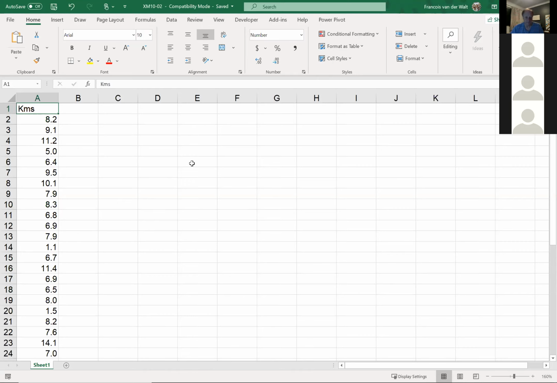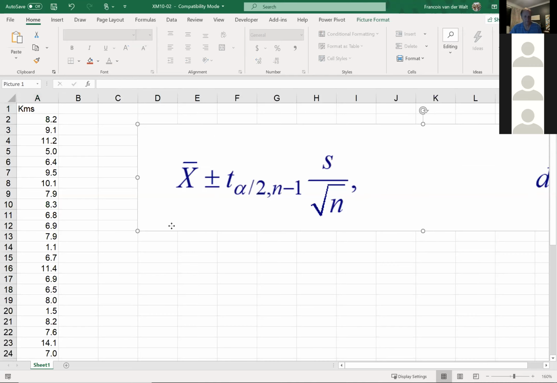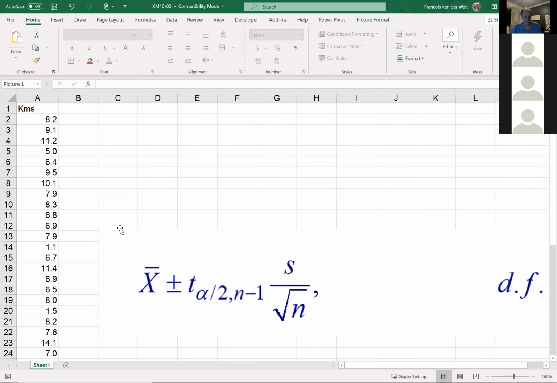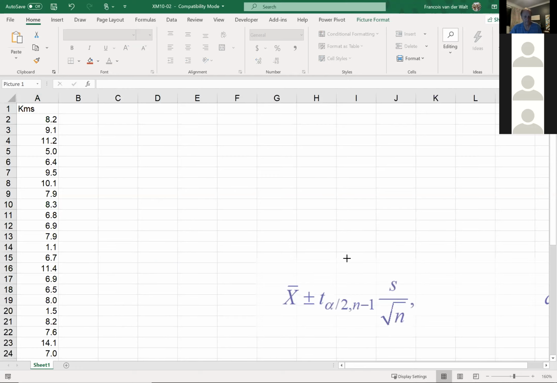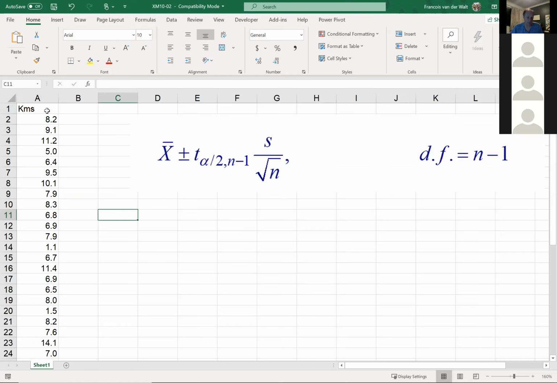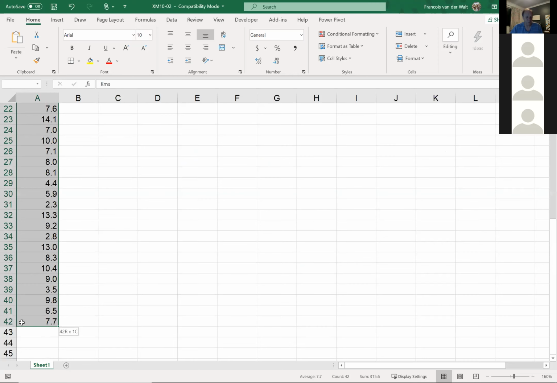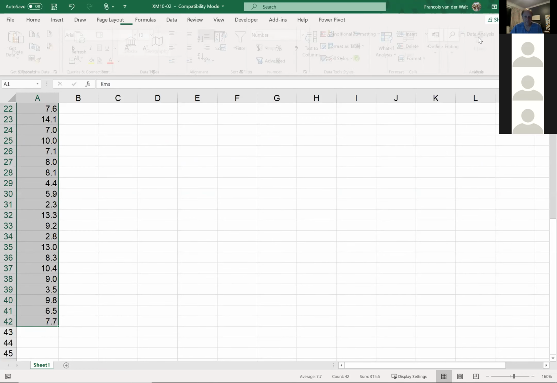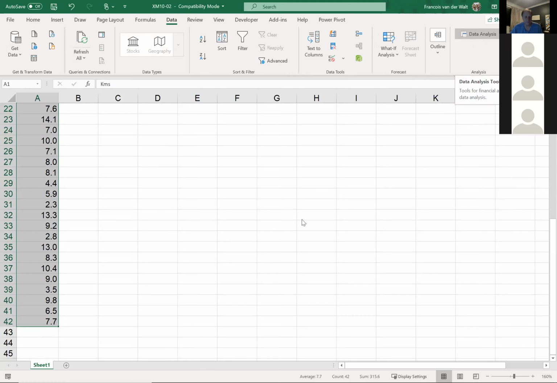Okay, so first of all, let me just, before I forget, put my little thingy there. The bottom line is I want to calculate the average of this. And because I know where we're heading, I'm going to use the inbuilt formula in Excel, Data Analysis, which is the descriptive statistics.